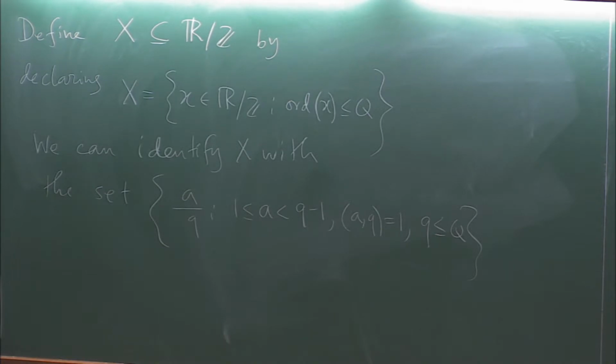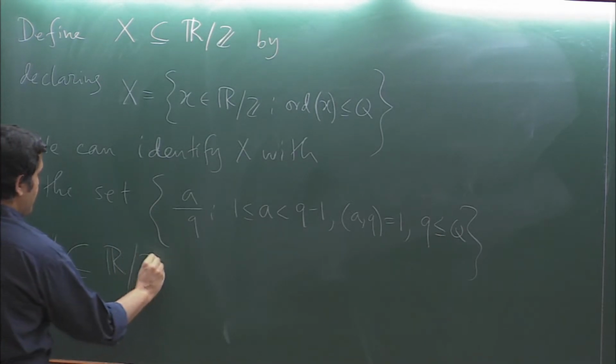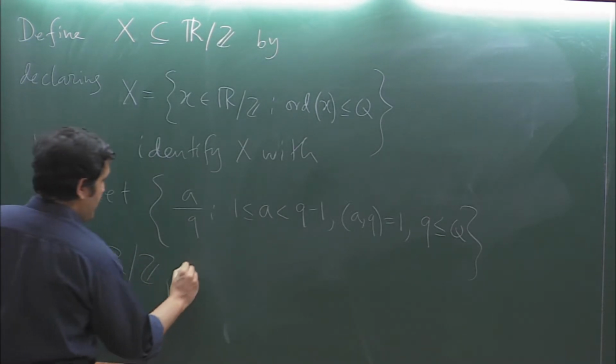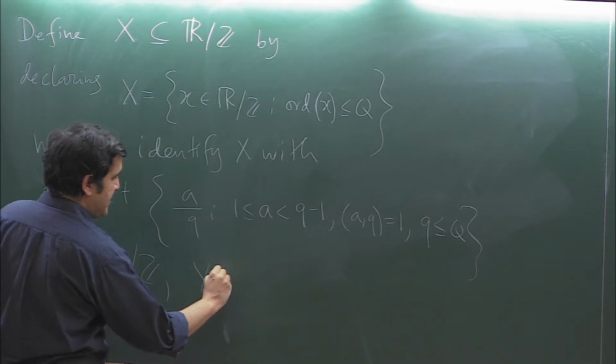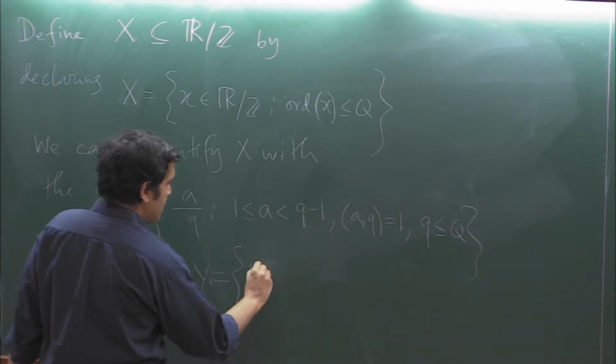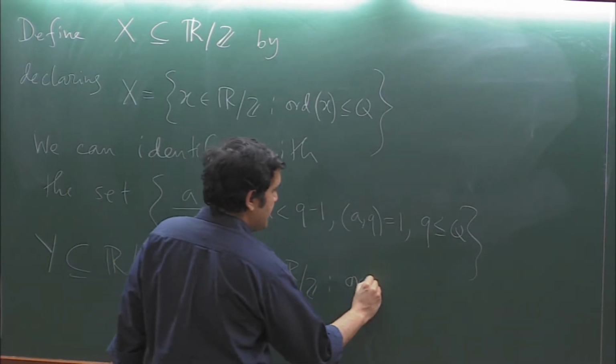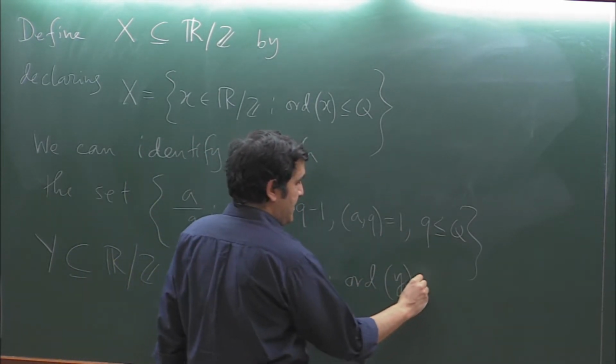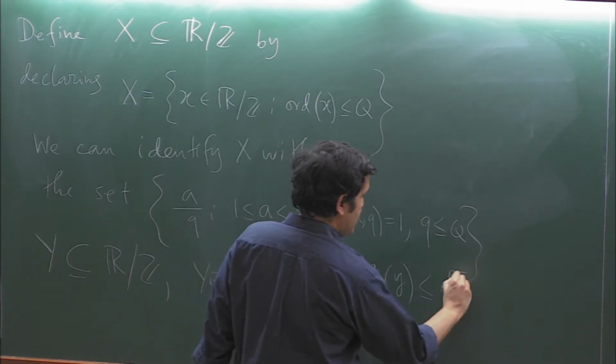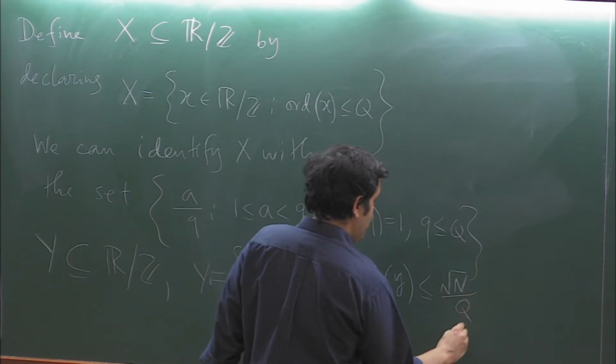Okay, and now I will define another subset Y by saying Y equals those elements y in R mod Z whose order is at most square root n divided by q.